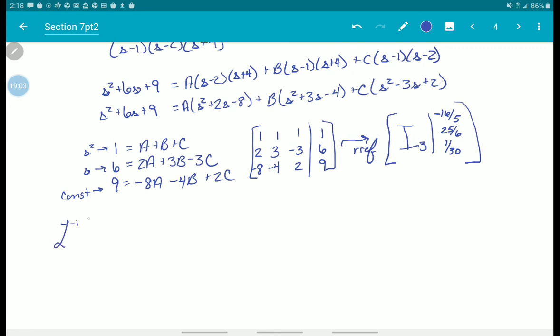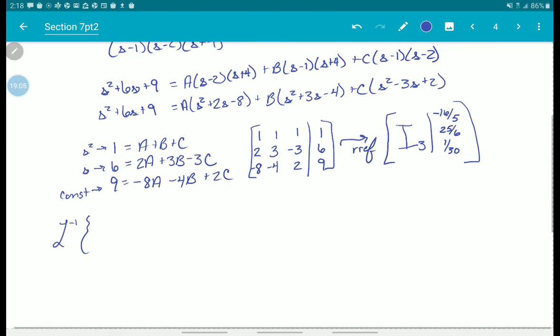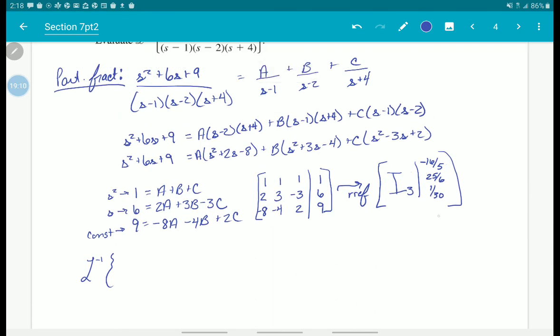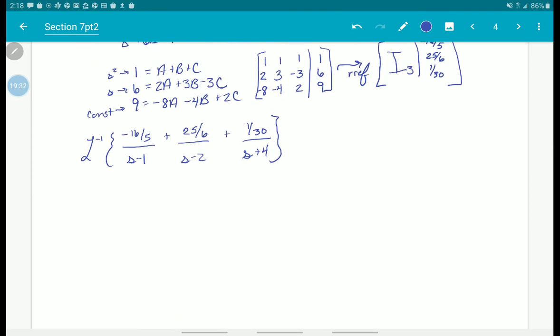So we're trying to take the inverse Laplace of this, and we're just substituting these numbers in. So it's going to be negative 16 over 5 over s minus 1, plus 25 over 6 times s minus 2, plus 1 over 30 over s plus 4. So we can rewrite that.